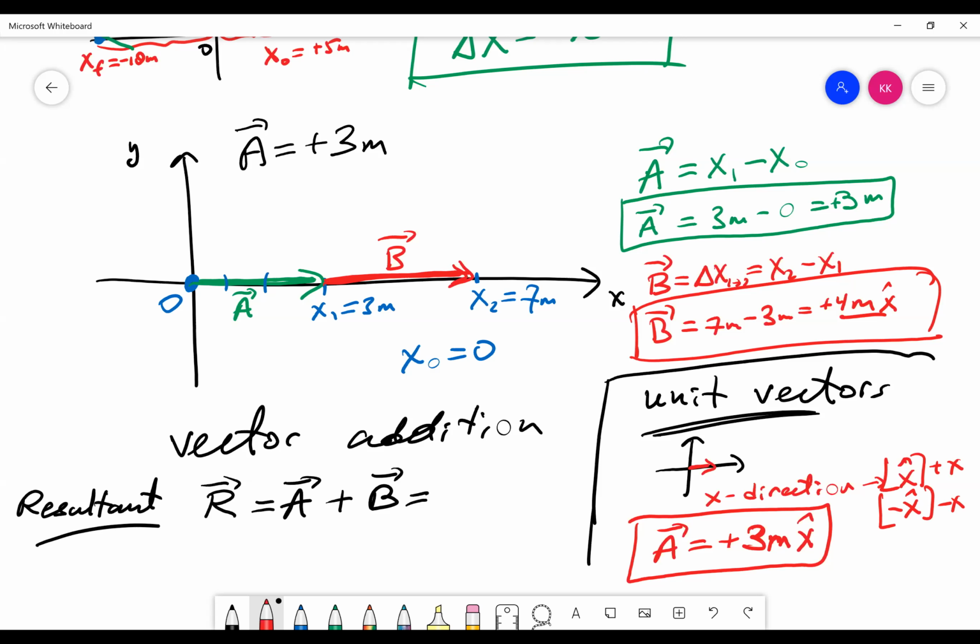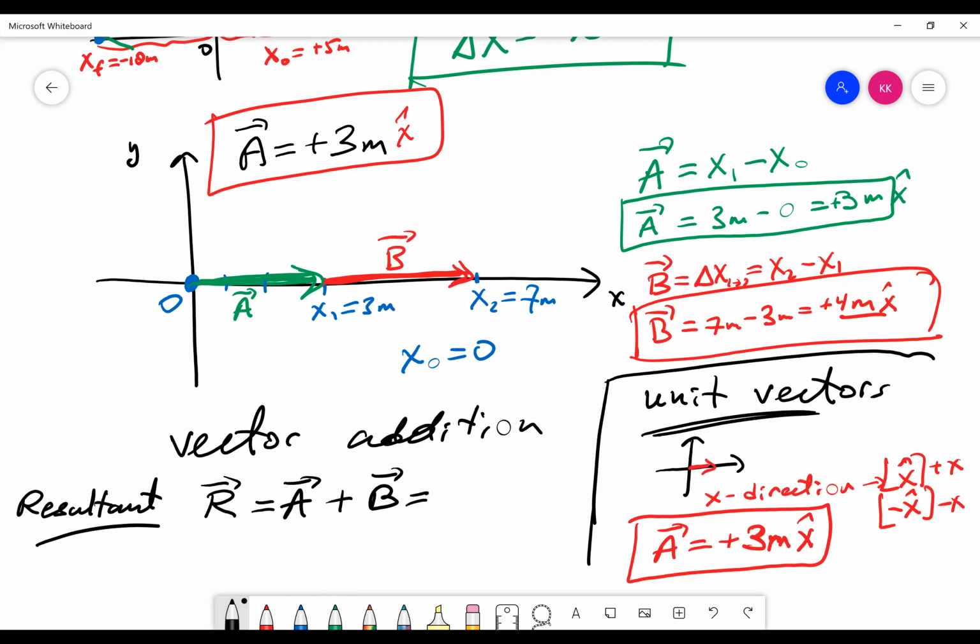And when two vectors have x hat components, you can actually algebraically add them together. For example, vector A is also x hat, because this vector is horizontal. So I can put x hat over there.